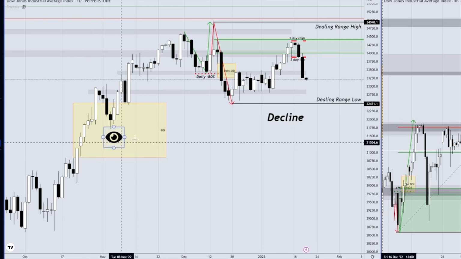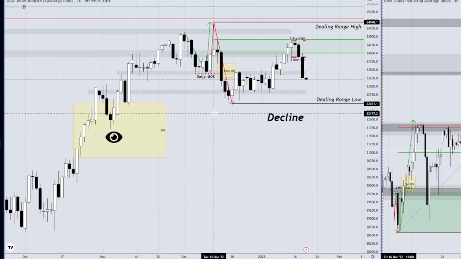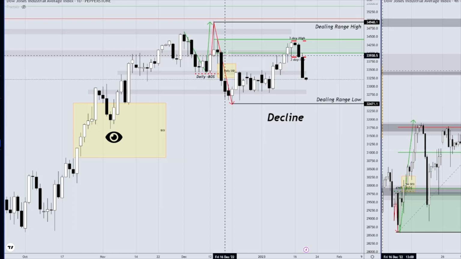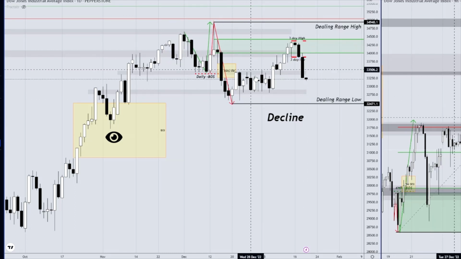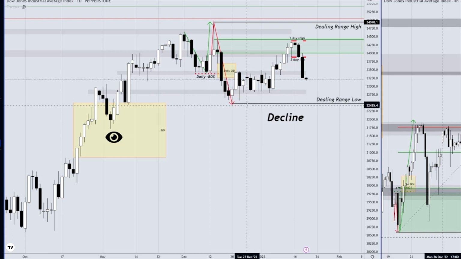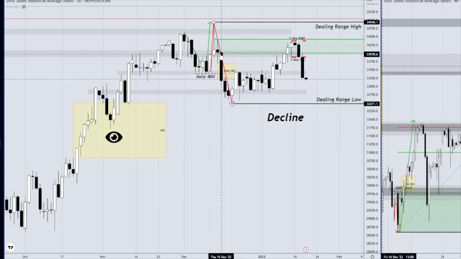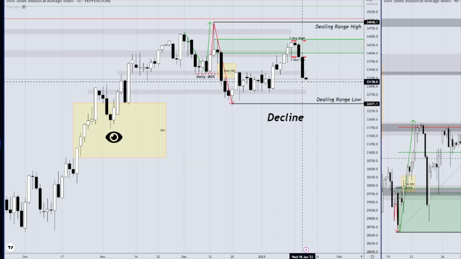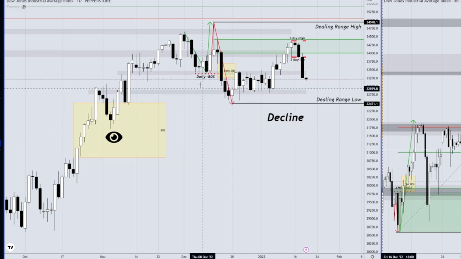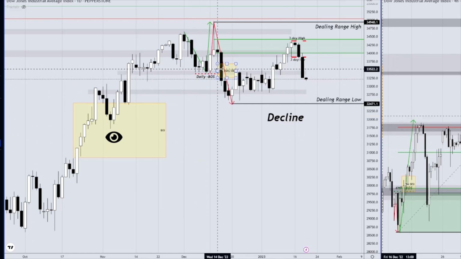So here's the daily. The daily still hasn't changed in terms of it's stuck in this range right now, dealing range. For me to go bullish, price needs to go above this high, but we're still in decline at the moment, based on this break of structure that we got above.